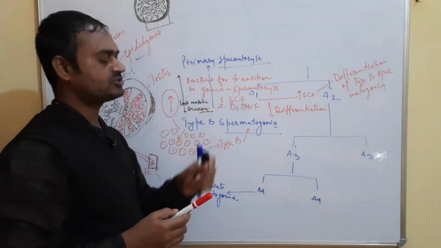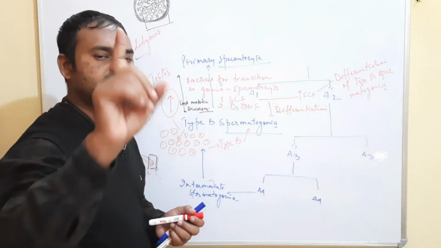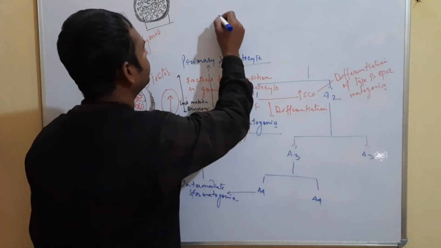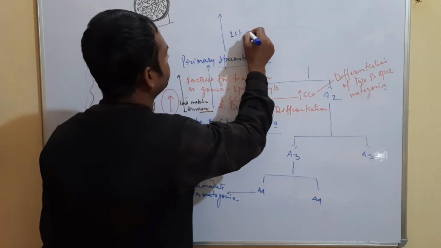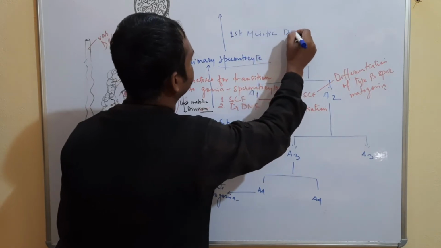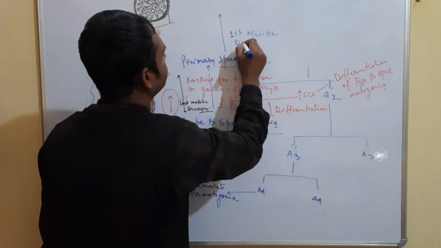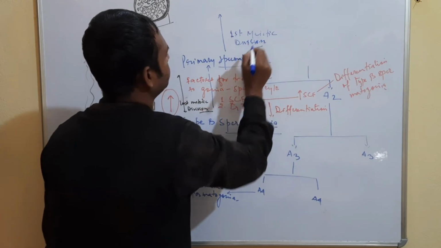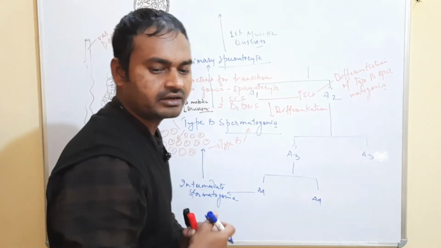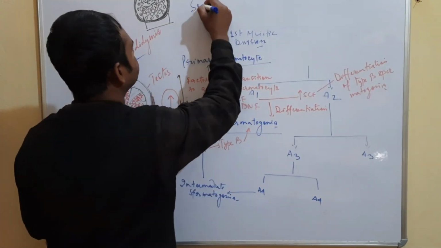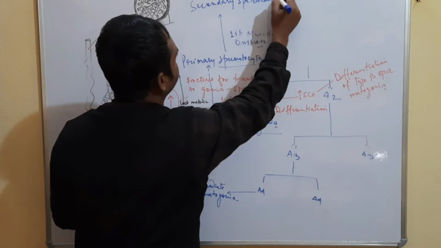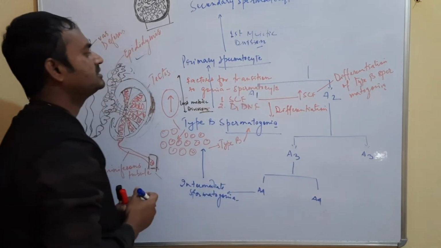This primary spermatocyte will undergo the first meiotic division to form the secondary spermatocyte.